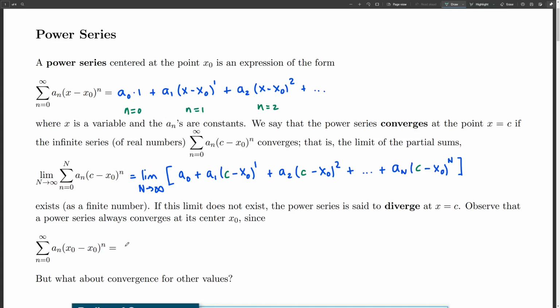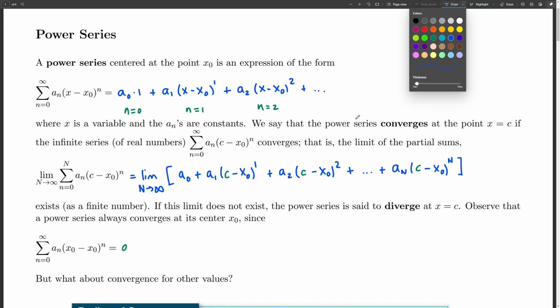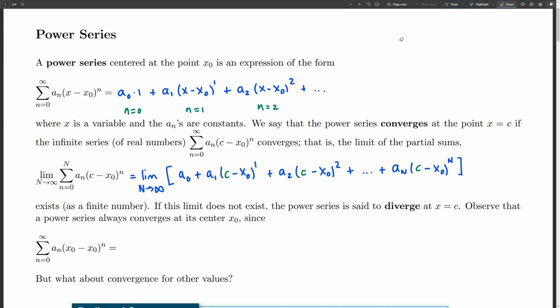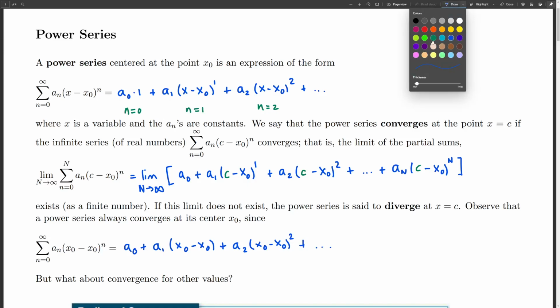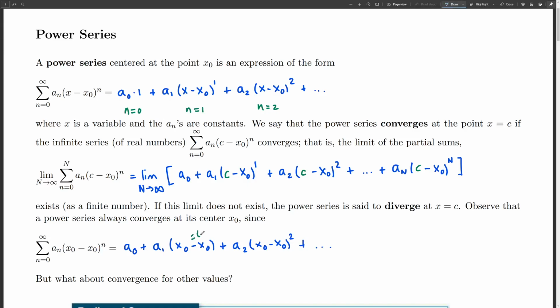So what you get here is a naught as your first term, and then plus a1 times x naught minus x naught, which is 0, plus a2 times x naught minus x naught squared, plus etc. And each of these terms, except for the first one, is 0.